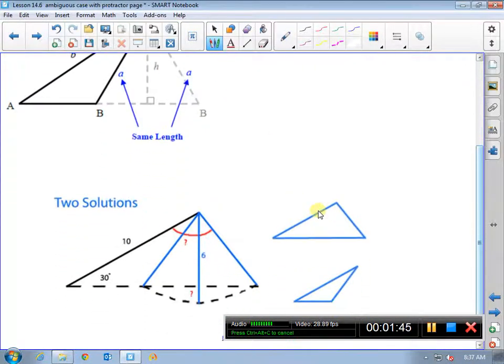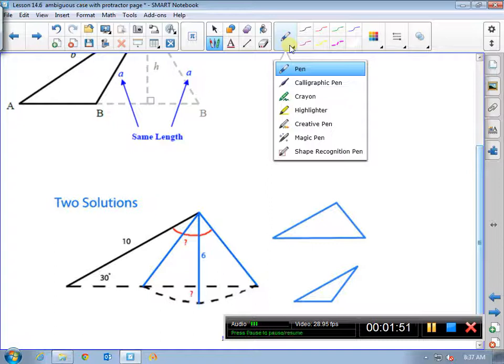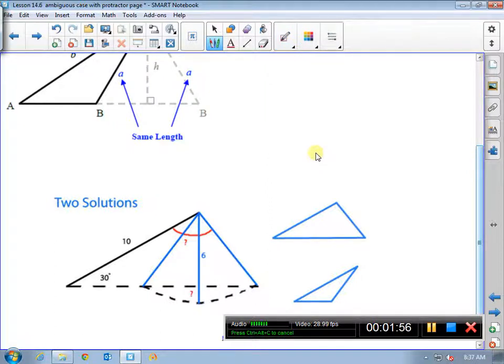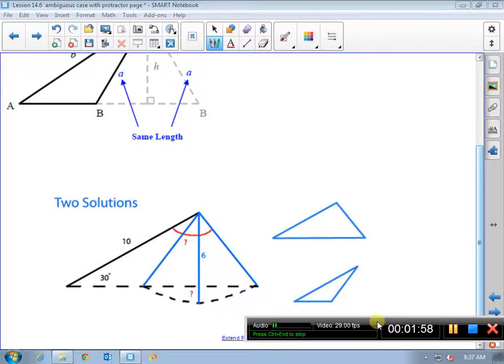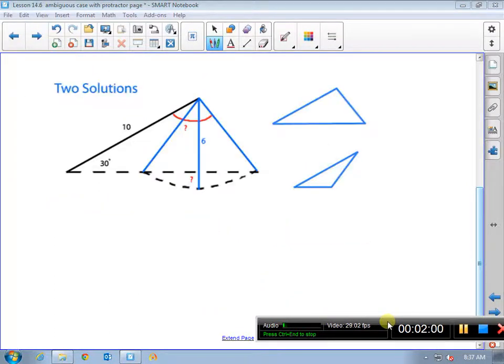So what happens here is, let's say I'm given a triangle with a 30-degree angle. So there's my angle.